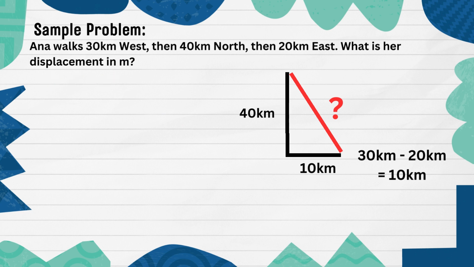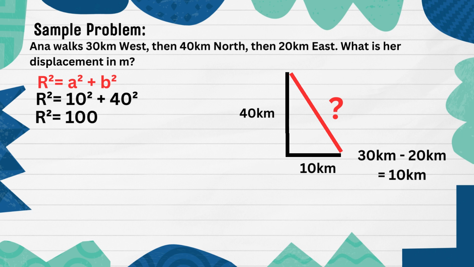In getting the red one, which is the hypotenuse, we are going to use the Pythagorean theorem. Then substitute the values, 10 km squared plus 40 squared, in getting the hypotenuse. Then solve it.